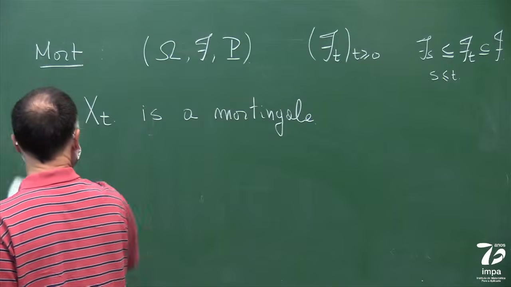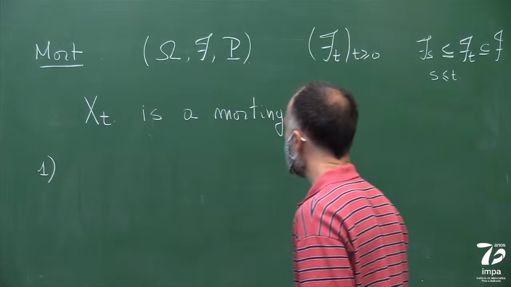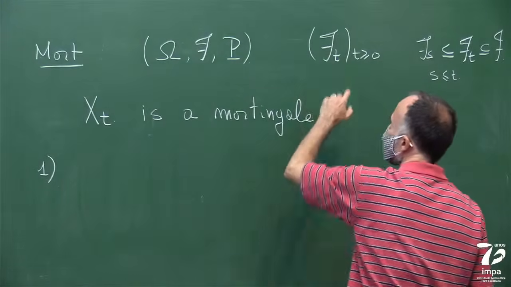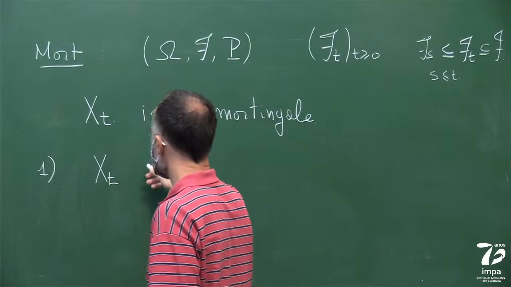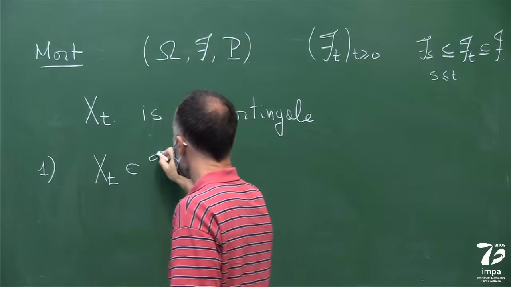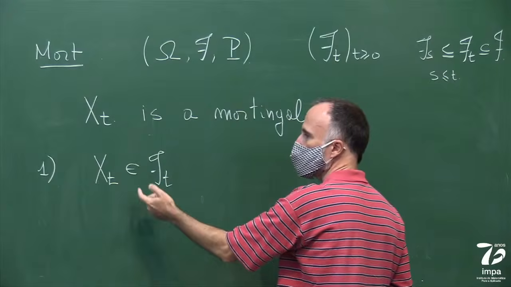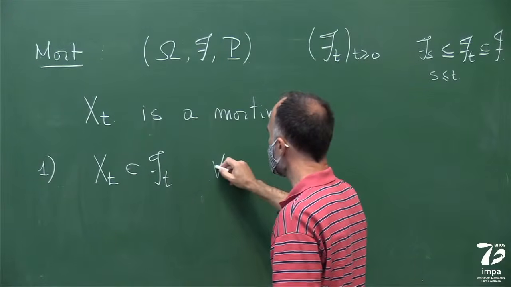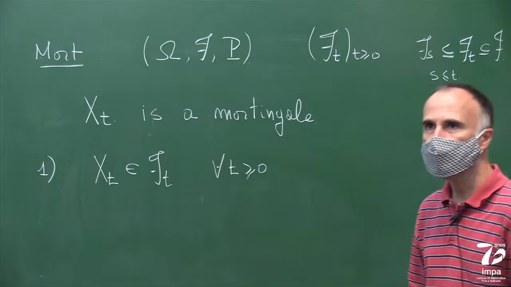So the first assumption is that this family is adapted to the filtration Ft. So this means that Xt is Ft measurable. And remember, I'm representing that by this symbol, saying that Xt belongs to Ft, to say that Xt is Ft measurable for all t. So this is my first requirement.